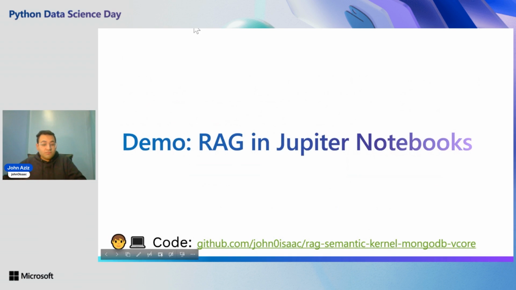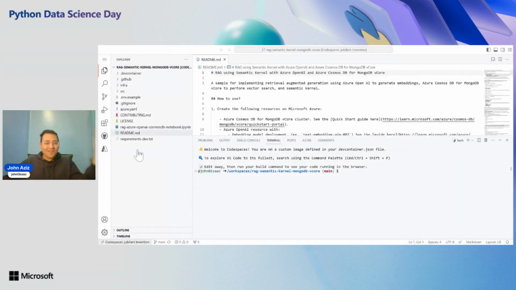Okay, let's get started. By the way, the Cosmos DB for MongoDB vCore can take up to 10 minutes to get created. It's a big database. Codespaces is working now.